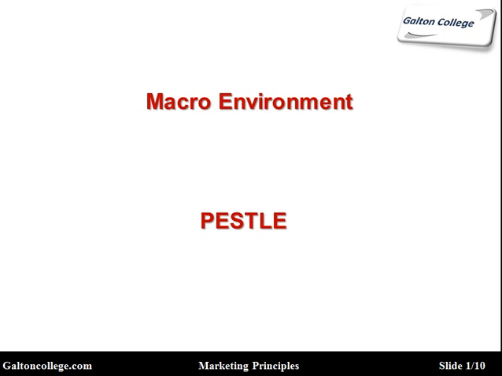The acronym simply stands for P for political, so we look at all of the political influences and list them all out. E is for economic, again do the same. S for social or socio-cultural. T for technological. L for legal.